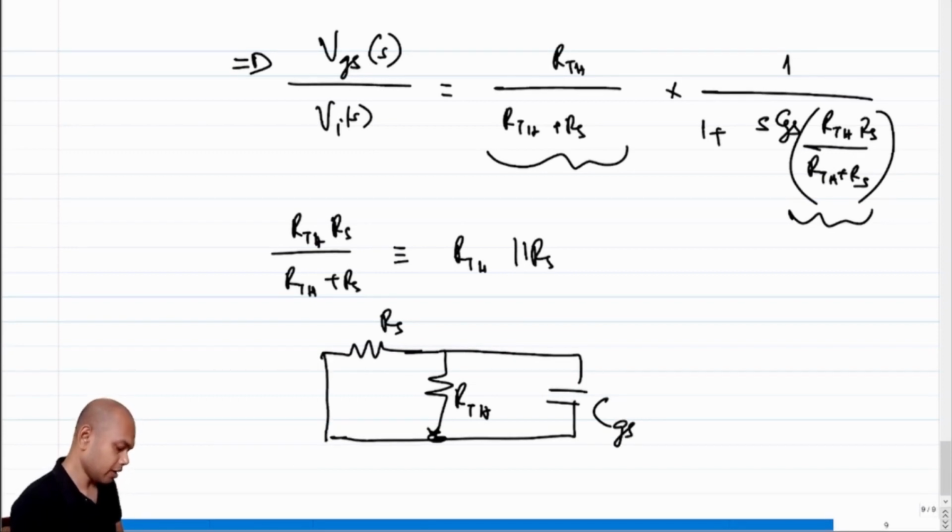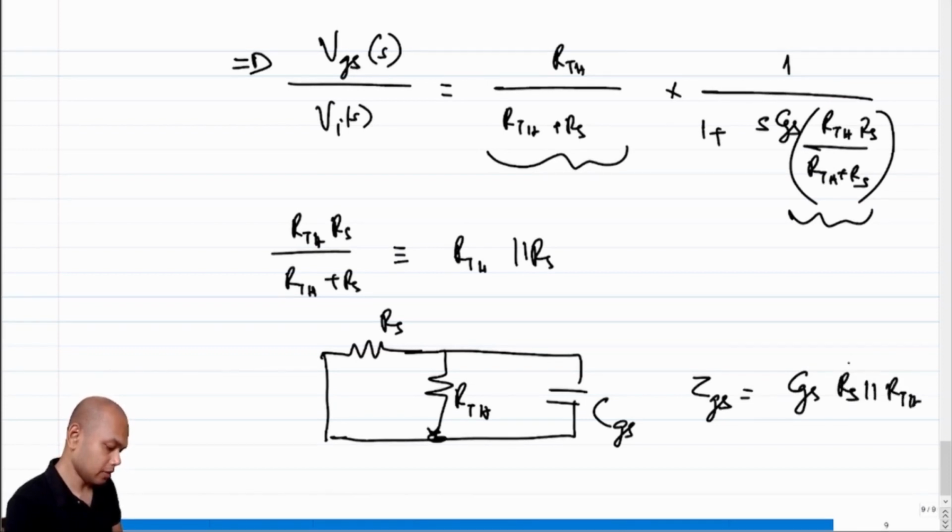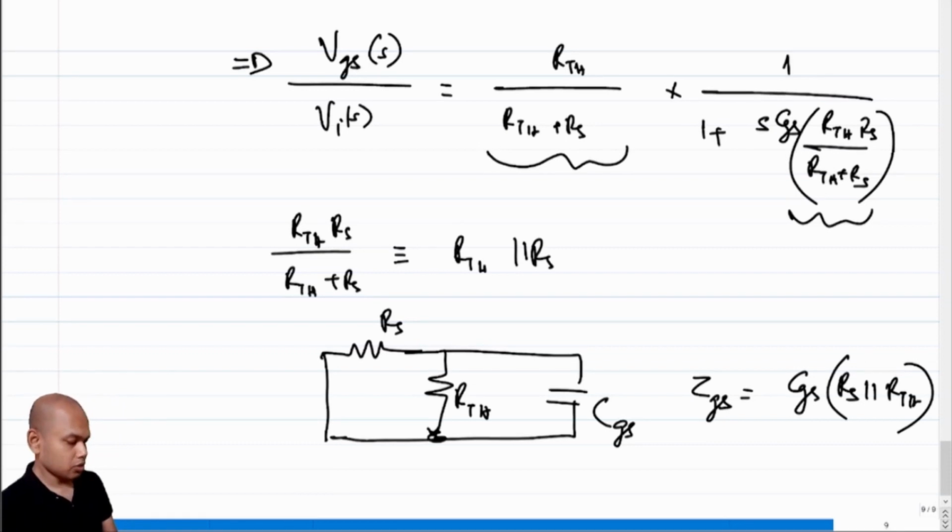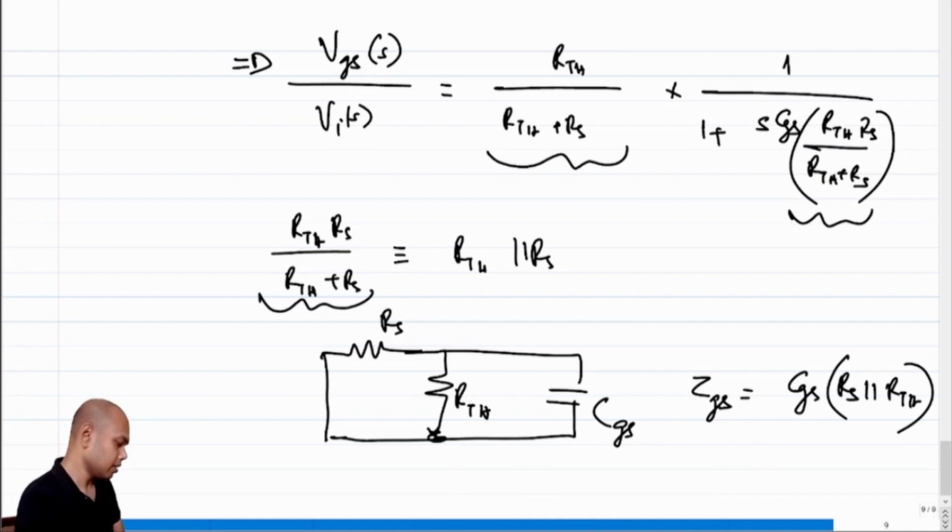So we short Vi. What is the time constant associated with CGS? Tau GS is CGS times RS parallel RTH. That's what is appearing here.